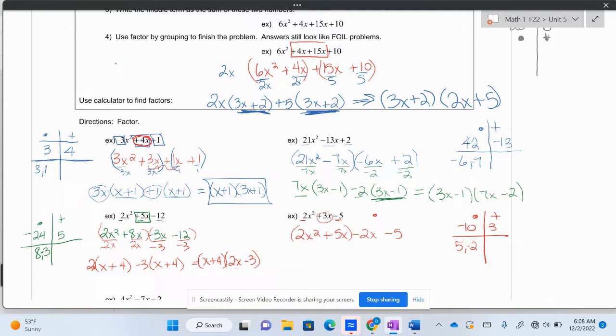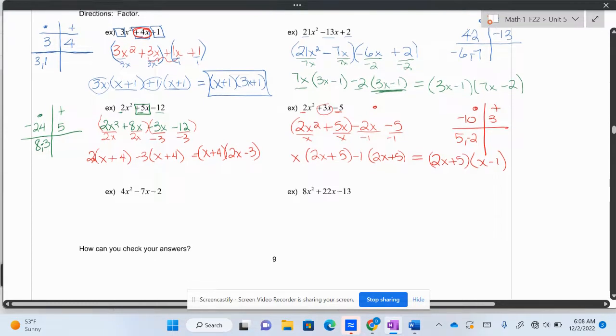So my first term, I can take out an x. That leaves me with 2x plus 5. In my second term, I'm going to divide them both by negative 1. When I take out a negative 1, that leaves me with 2x plus 5. So my factors are 2x plus 5 times the quantity x minus 1.